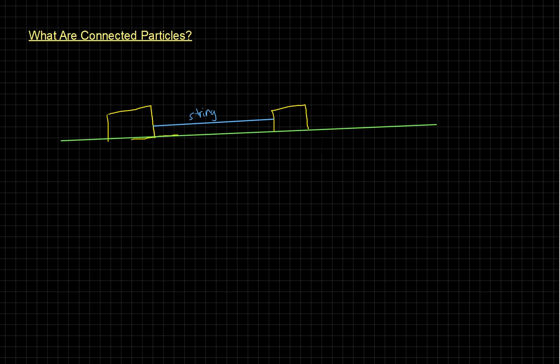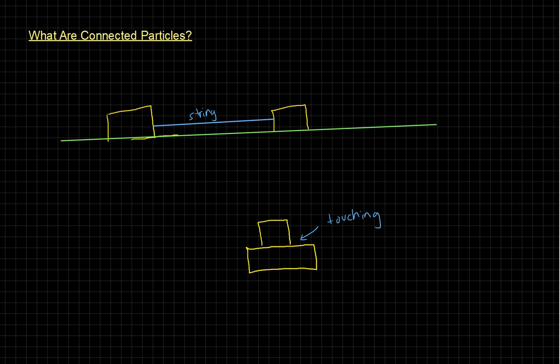Okay, so the string in some way is connecting them. That's the idea there. The other sense in which you can have connected particles is, let's say, for example, I've got a box here, and then let's say I've got a smaller box sitting on top of it. Okay, these are also connected, so they're just touching effectively.